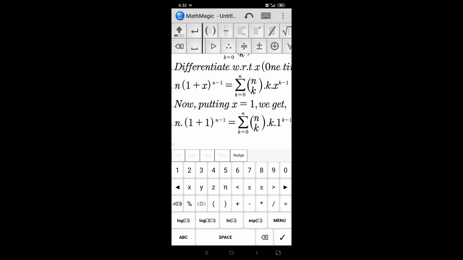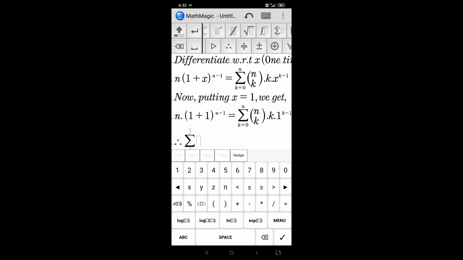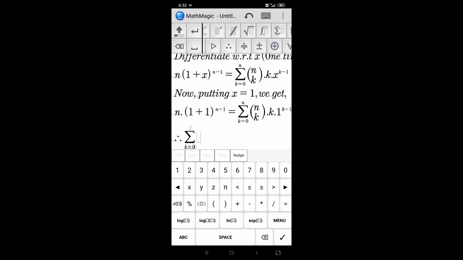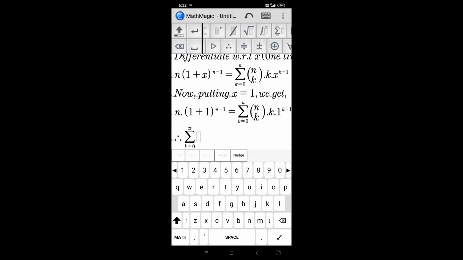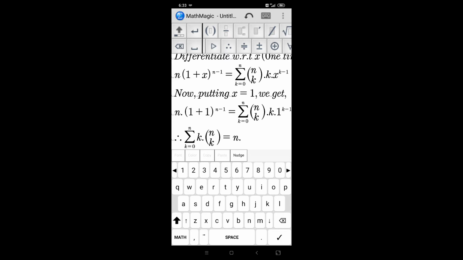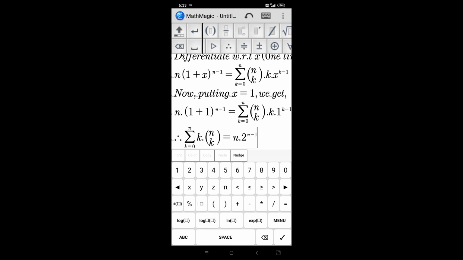So I'm going to interchange the sum again. So there will be the sum from k equal to 0 to n of k times n combination k, which is equal to n times (1 plus 1), meaning 2, to the power of n minus 1.